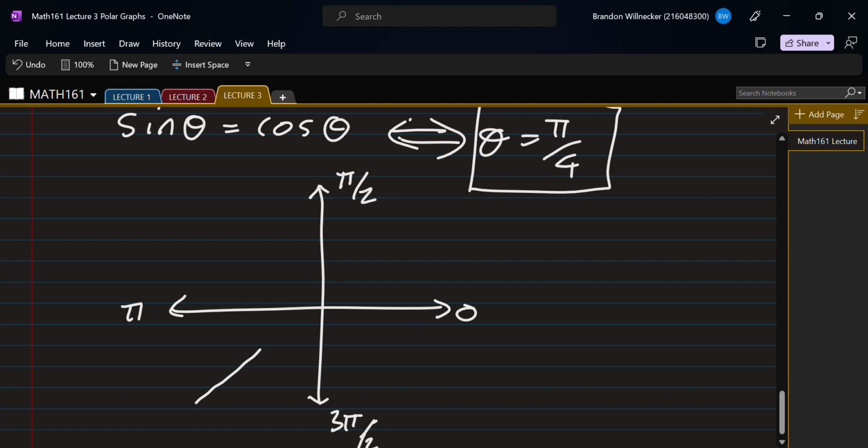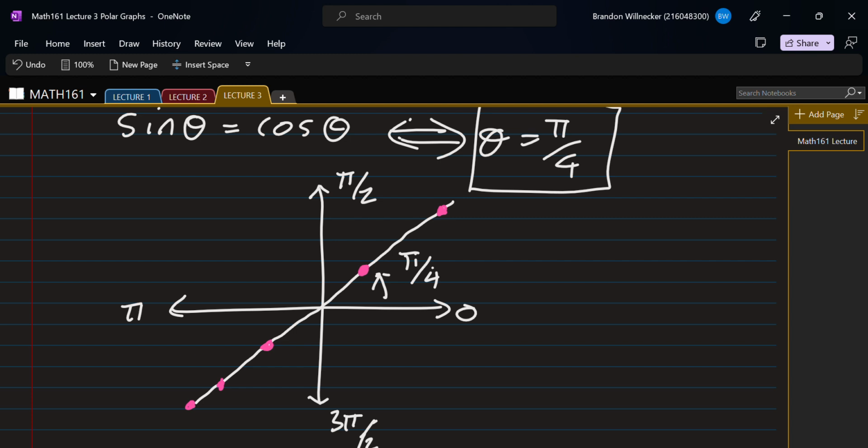So that's exactly what this line is. This line has the angle pi over 4 for any radius. So we can draw a point here. If I draw the radial line, it makes an angle of pi over 4. This point here, again, it makes an angle of pi over 4. This one over here, this one over here, this one over here, they all have the same angle.